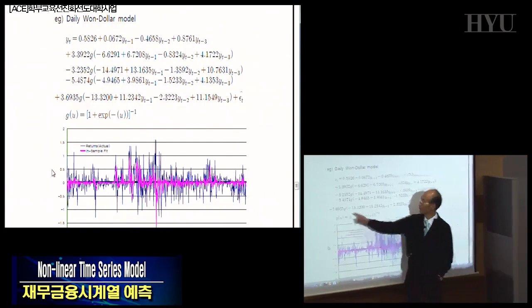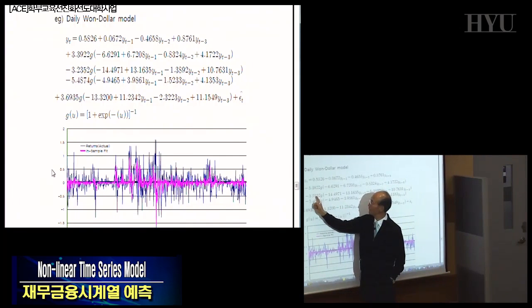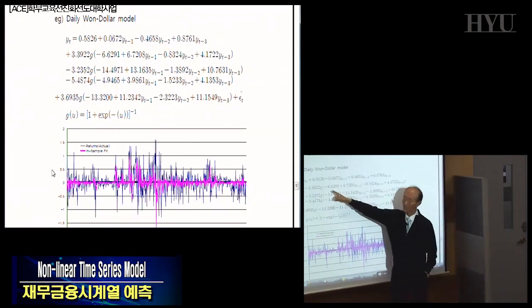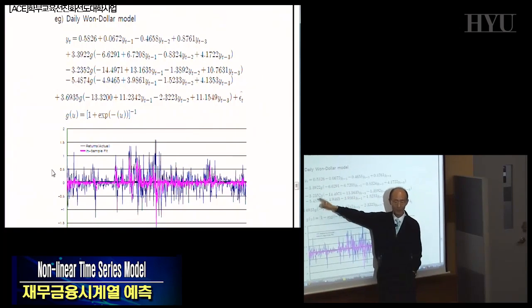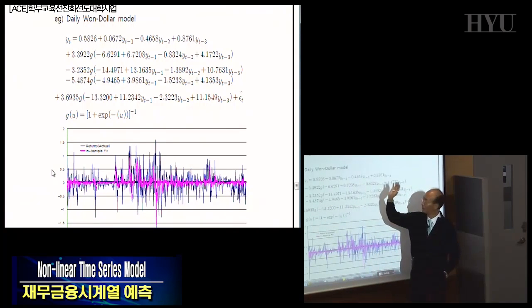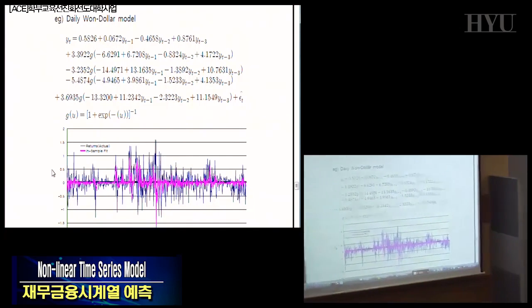So obviously we know that if these are not 0, then there is a nonlinearity going on. Right? So this is basically one of the simplest kind of artificial neural network model known as multi-layer perceptron model. In this case, hidden layer is just one.